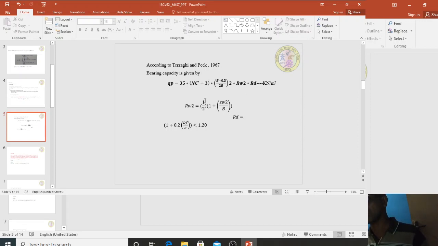Where RW is equal to half of 1 plus ZW by B, and RD is equal to 1 plus 0.2 DF by B, which should be less than 1.2. If it is greater than 1.2, consider that RD value as 1.2. If you substitute, you will get the bearing capacity in kilonewton per meter square, which also gives the bearing capacity value for 25 mm permissible settlement.